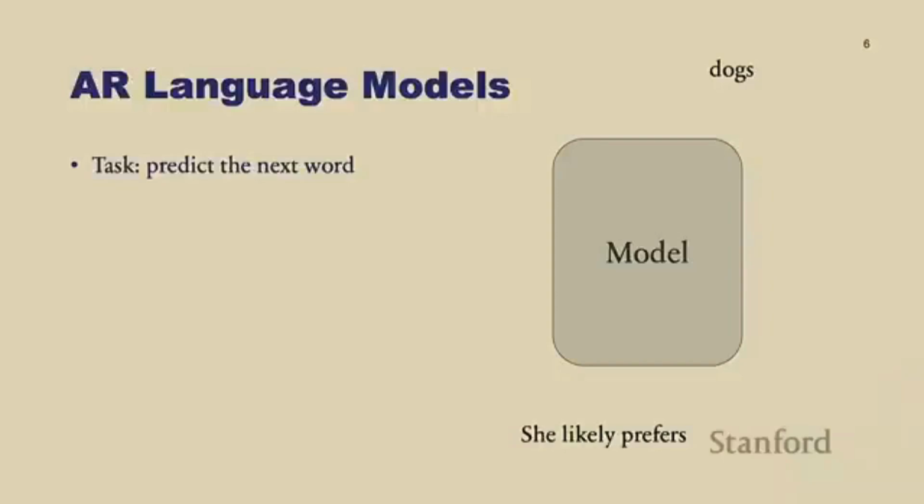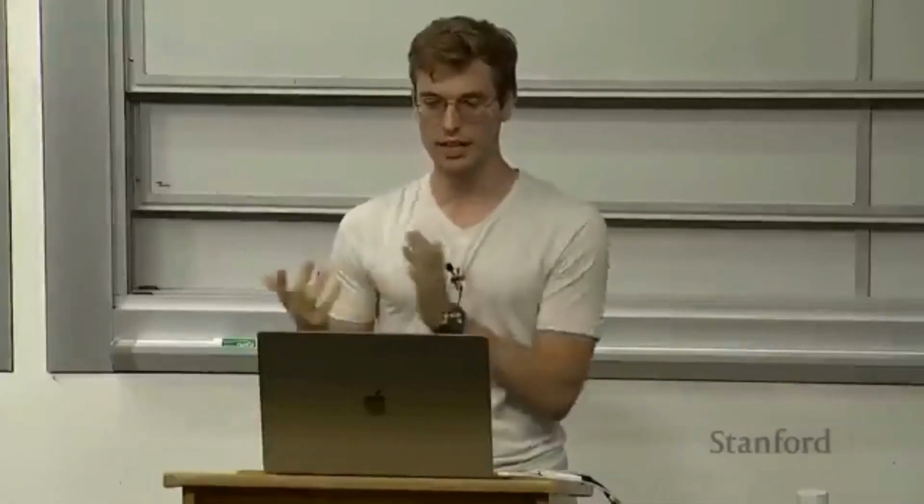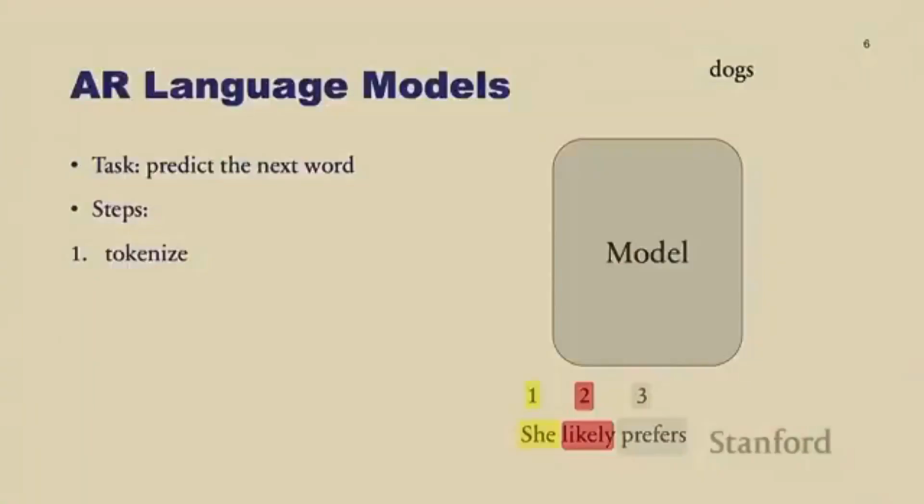At a high level, the task of an autoregressive language model is simply predicting the next word, as I just said. If we have a sentence like "she likely prefers", one potential next word might be "dogs". The way we do it is that we first tokenize. You take these words or subwords, you tokenize them, and then you give an ID for each token. So here you have 1, 2, 3.